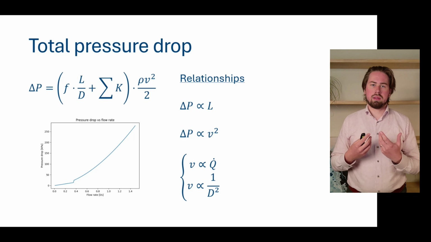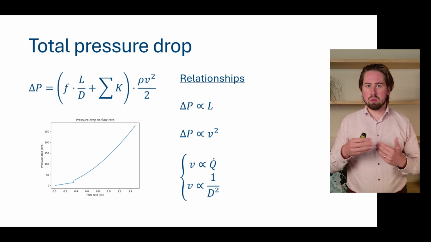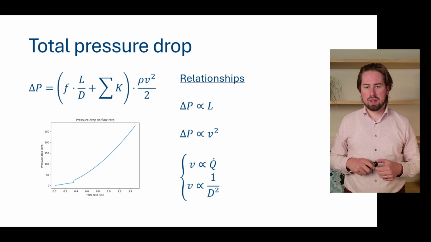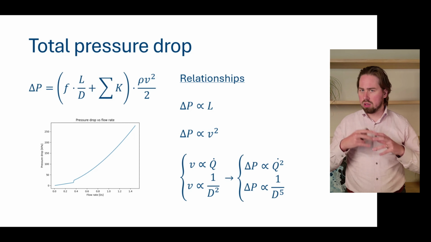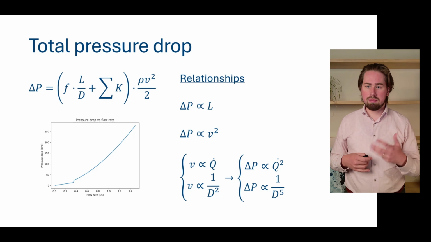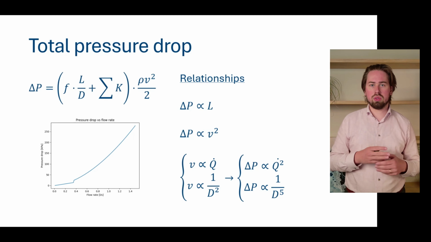And then we see that there is a relationship between the velocity and the pipe diameter, which is inversely proportional to the square of the diameter. And if we put this all in our general equation, we see that our pressure drop is quadratically proportional to the flow rate, which you can also see on this graph to the left of the slide.